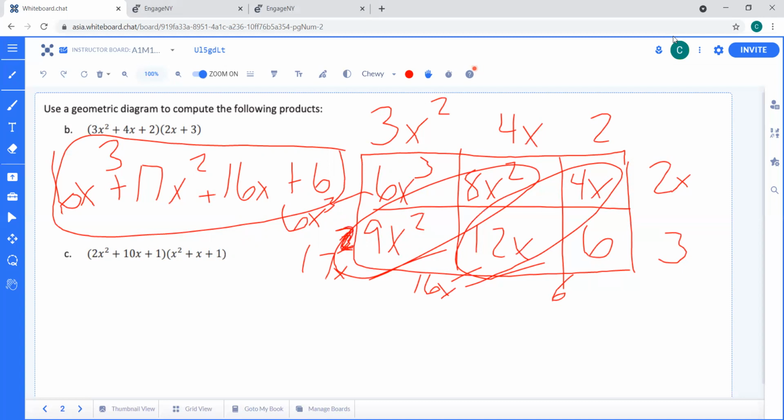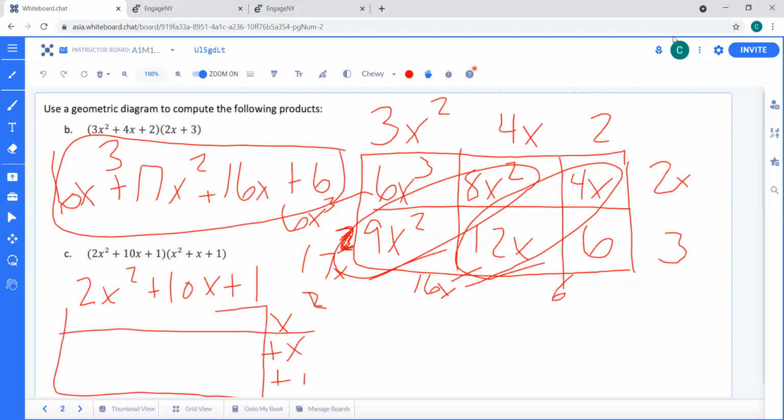All right, same thing for this one here. 2x squared plus 10x plus 1. All right, x squared plus x plus 1. Get smaller right here because I don't have enough room. Maybe we can do it. This one's easy. Let's do the quick ones right here.